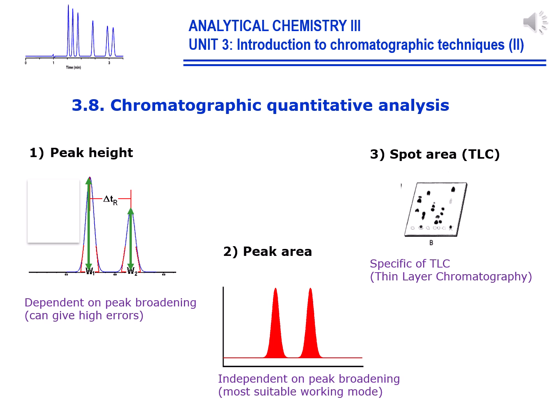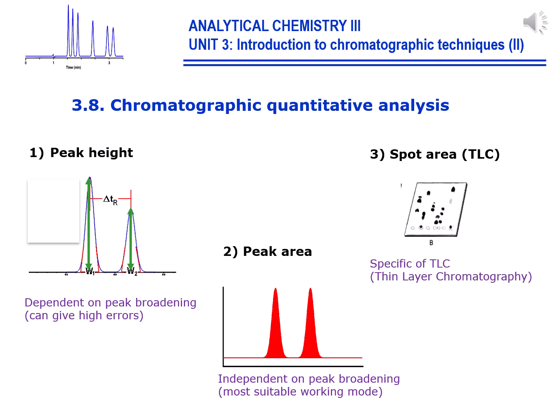Peak area analysis is based on the integration measurement of the area contained within the peak. The area is independent of the peak broadening, so it's more convenient to work with this analytical parameter and not the previous one in a general way.